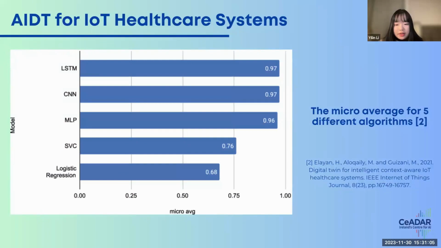And deep learning algorithms, such as neural networks, can outperform the traditional algorithms, with the LSTM model scoring highest in accuracy. That shows the potential of deep learning in medical diagnosis, where pattern recognition plays a vital role.